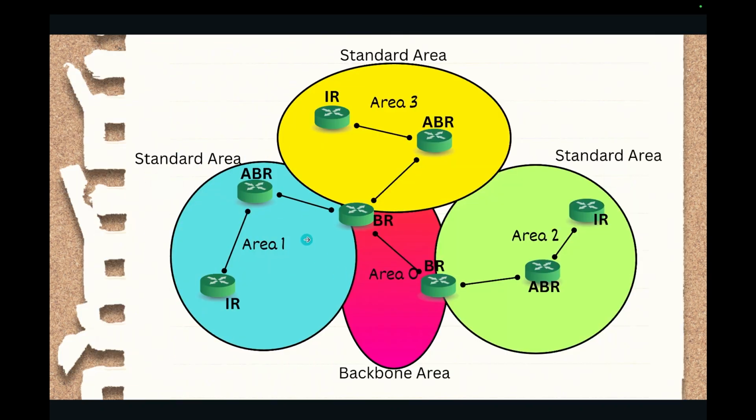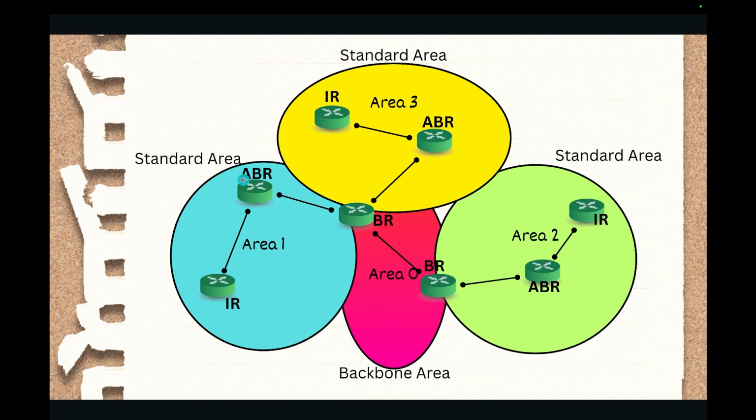Now this was the previous example where we identified the backbone area and standard areas, right? As we have learned the router types, we can now identify them. First we start from area 0. As both of these routers are in area 0, we can consider them backbone routers. That's why I have written BR on top of these two routers.